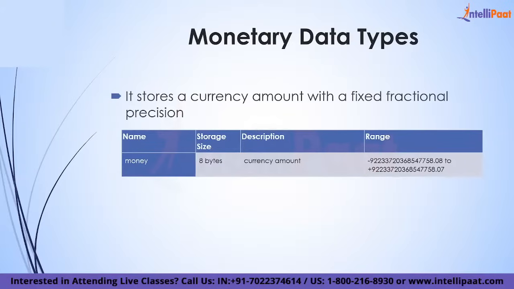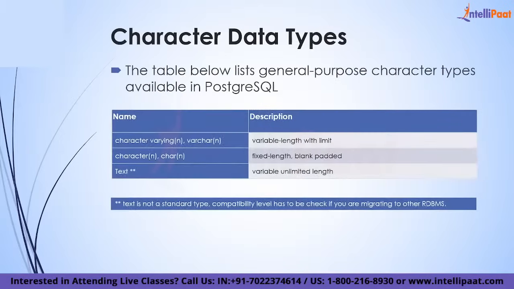You can use this, or else you can treat this as integer values only. The only thing is you'll get decimal points for this, and you can see the range here. The decimal point after this will be only two digits, it won't be more than that. That is one thing you have to be aware of when you are using the money data type.